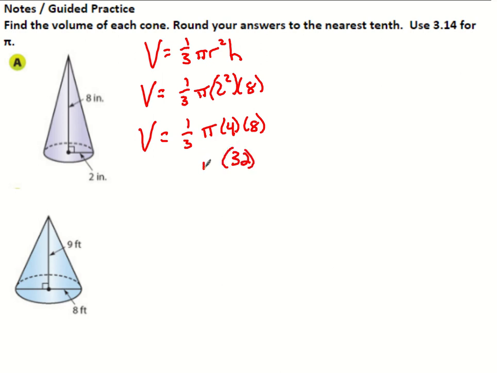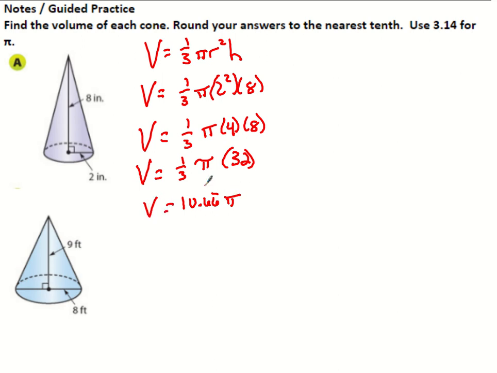So now I've got 32 times pi times 1/3. Because we always like to say pi for last, I'm going to take my 32 and divide it by 3 right now. This is where the calculator is going to come in handy. I get 10.66, which is repeating, but I'll just write it as 10.66, because we will end up rounding anyway when we multiply by pi.